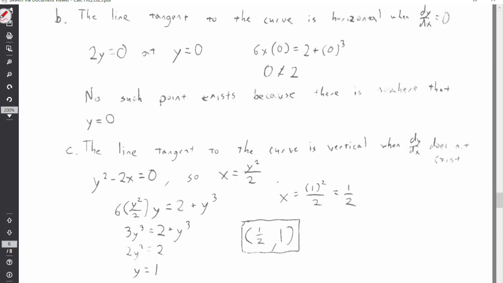And from the substitution that we just did, that gives me the x coordinate of 1/2. To recap, we set the bottom equal to 0 because we wanted to know when the derivative doesn't exist. Then that told us a function for x in terms of y. And so now I can do a substitution for x in this function. And that gave me the point (1/2, 1).